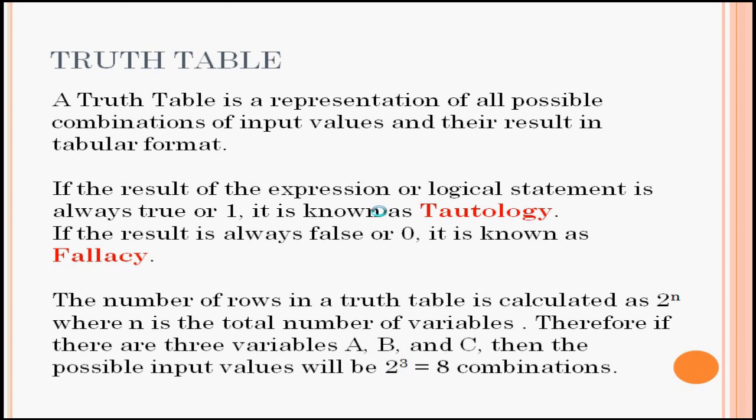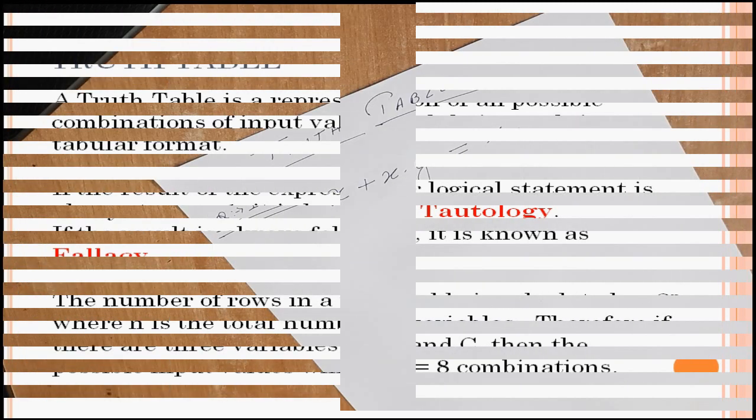The number of rows in the truth table is calculated as 2 to the power of n, where n is the total number of variables. Therefore, if there are 3 variables a, b and c, then the possible input values will be 2 to the power of 3, that is 8 combinations.